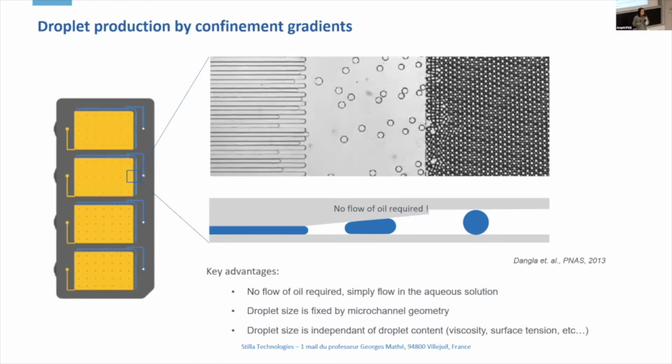We will push the PCR mix through a microcapillary by a pressure gradient difference between the inlet and the outlet port of the chips. So we'll push the liquid through the oil. There's no flow of oil. And then when the droplet reaches the end of the capillary, there's a slope. So that's the confinement gradient.